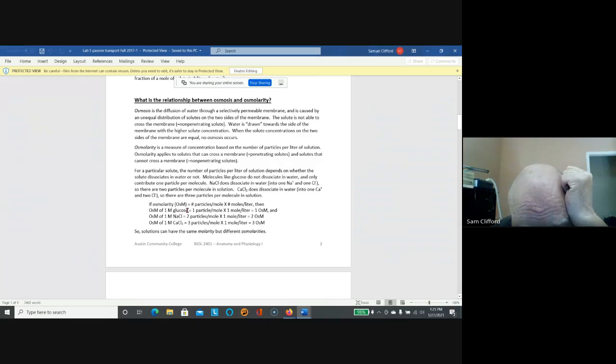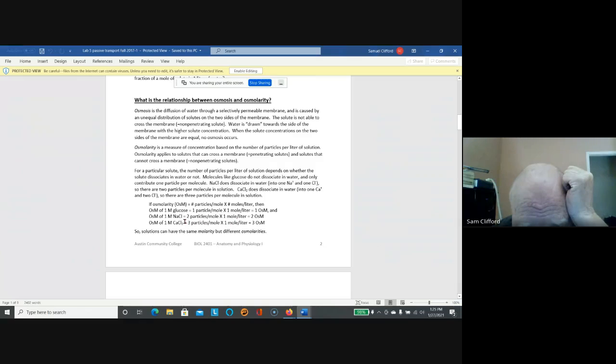So organic compounds like glucose do not dissociate. When you dissolve glucose in solution, if you heated it, it would still be glucose. If you dissolve sodium chloride, it would taste salty, but when you evaporated all the water, new salt crystals would form.